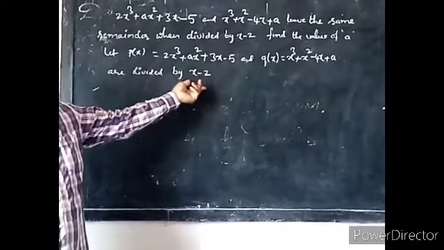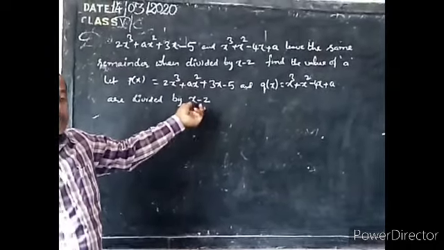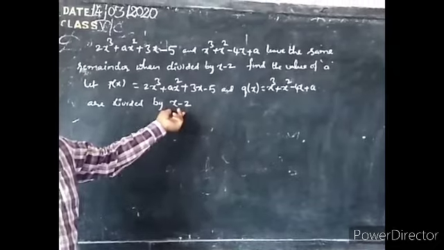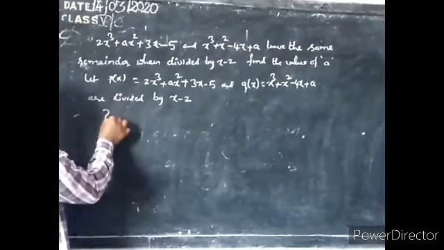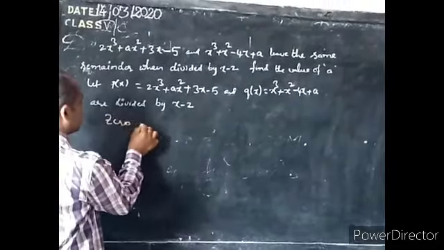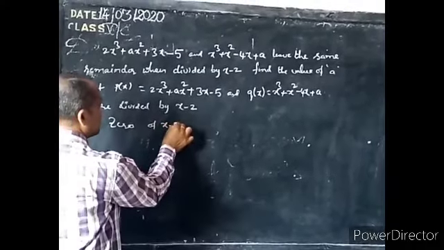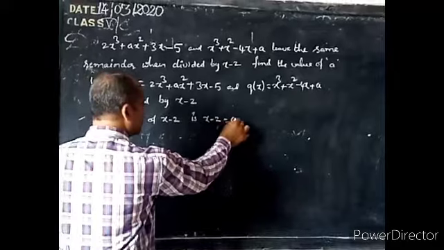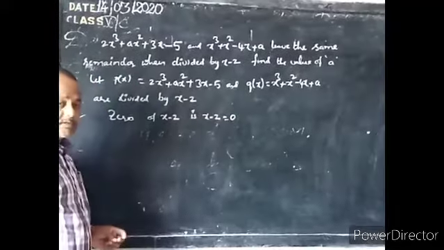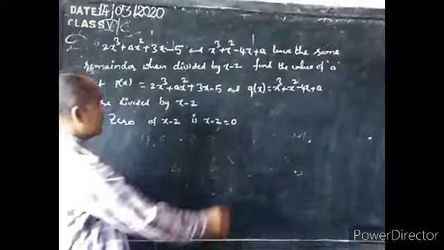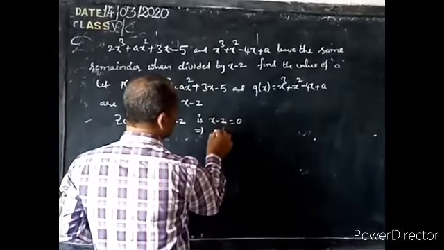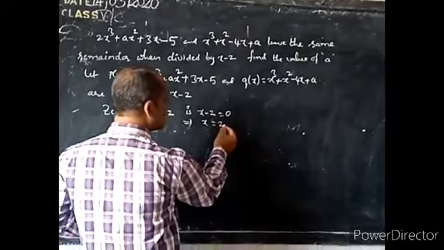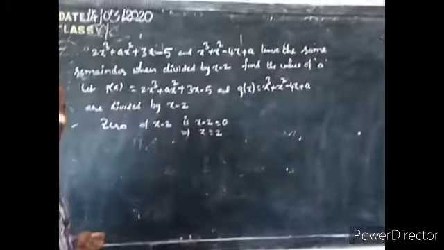For this we have to find the zero of this divisor. So zero of x minus 2: x minus 2 equals 0, now it becomes x equals 2.